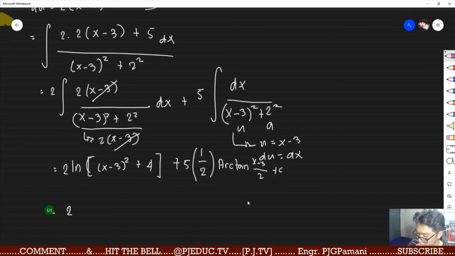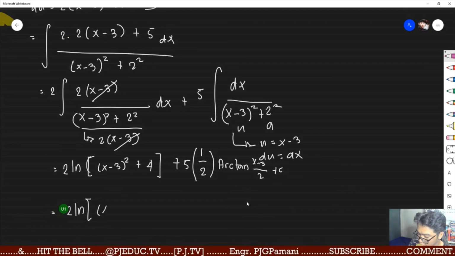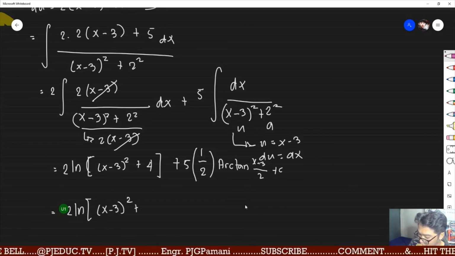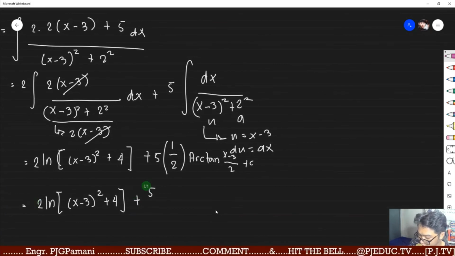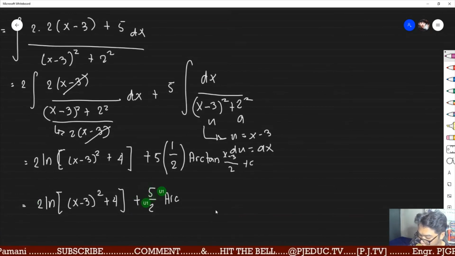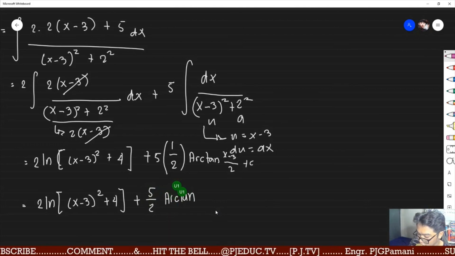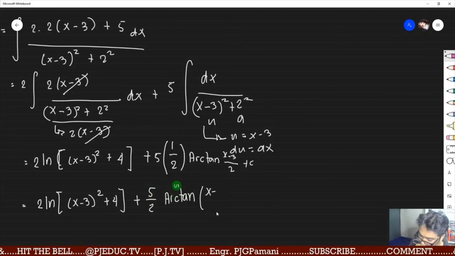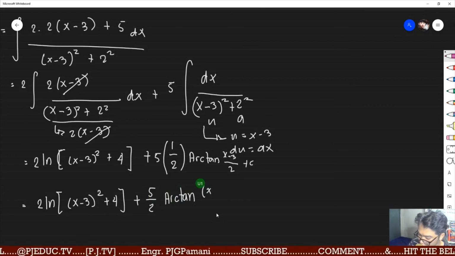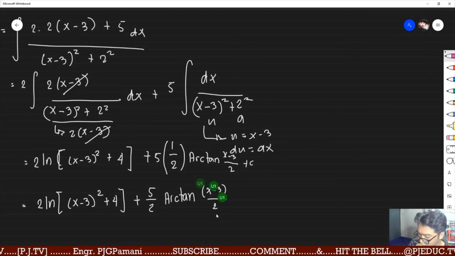That is 2 ln of x minus 3 squared plus 4. Then close. 5 halves of arctan x minus 3 over 2 plus c.